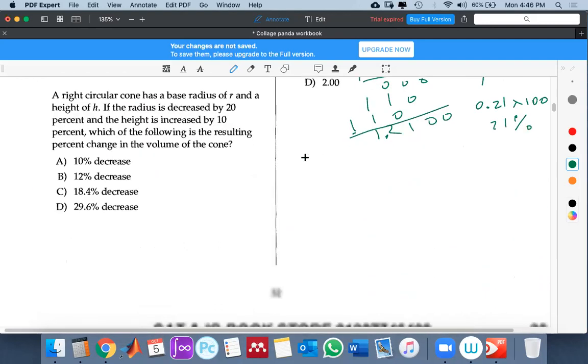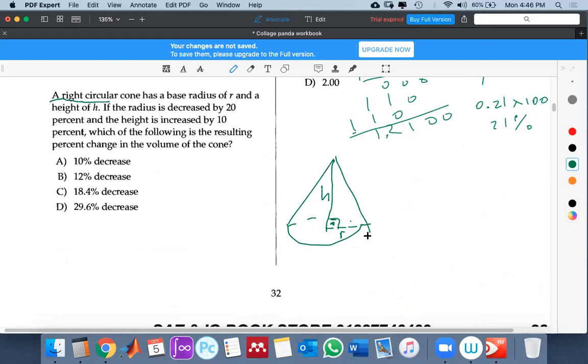Good. Number 3. A right circular cone. Do you know what a right circular cone means? It means this: 90 degrees, altitude.